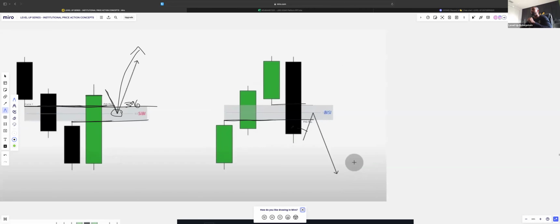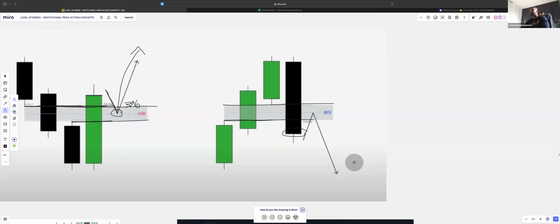Because once we close below the high of the first candle, that basically means that now this bullish fair value gap is now what? Once we disrespect a bullish fair value gap, it becomes what? A bearish fair value gap, or a bearish zone. So now this zone goes to bearish.